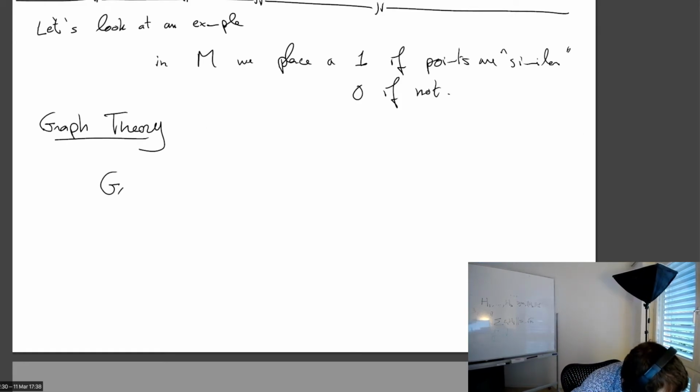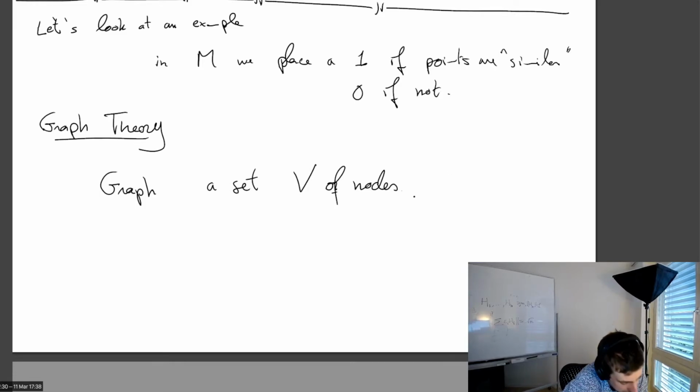Okay, so basic objects. A graph has a set V of nodes. Throughout, the size of V will be n, not m, because this is what people use in spectral graph theory.